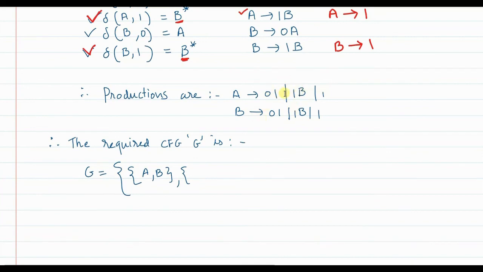Only 0 and 1. Which is the start symbol? A. And the productions are A gives 0A or 1B or 1.